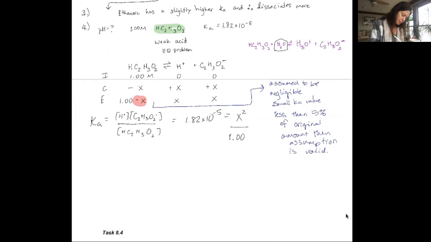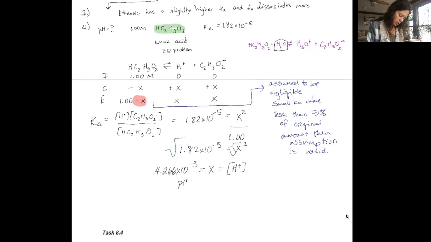All right. So let's just do our math. We essentially have 1.82 times 10 to the negative 5 equals x squared. So you need to square root both sides. And we have 4.266 times 10 to the negative 3rd, and that is equal to x. X is equal to H plus.